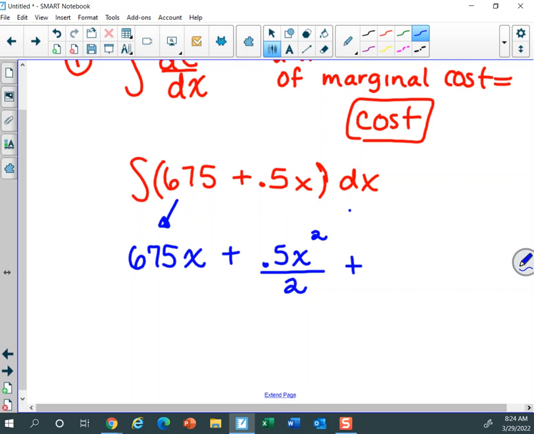And then we always have a plus c. I did say back in the day we're going to use a k in this case because we're talking about a cost function, and cost is already sort of taken up the C for us. So using a K instead of a C to represent the generic constant is sometimes what we do in economic problems.